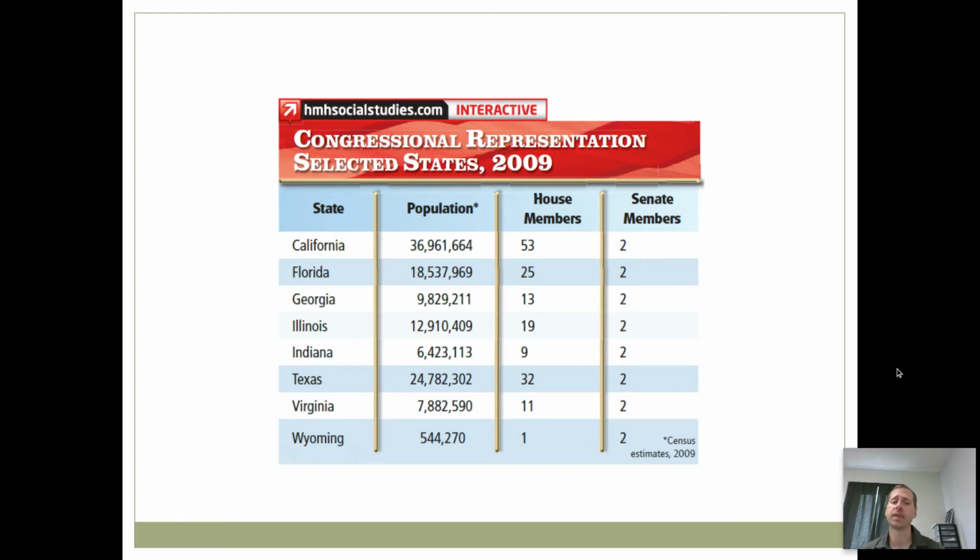Now, this is based on 2009. After 2010, we had a census, and now in 2020, we just finished up the census, and we should know in a few months how many House members each state is going to receive based on the census from 2020.